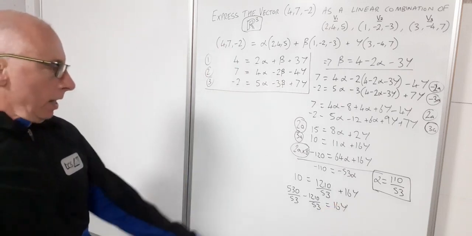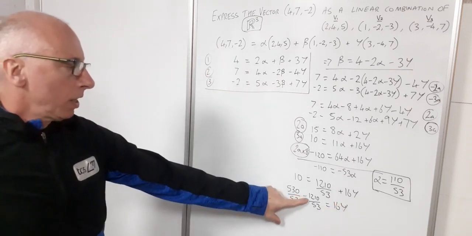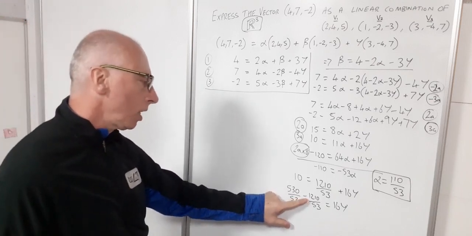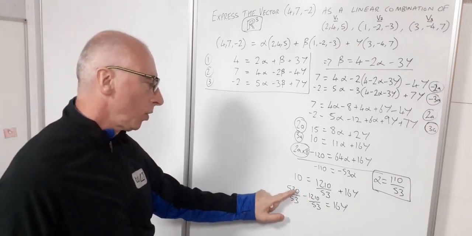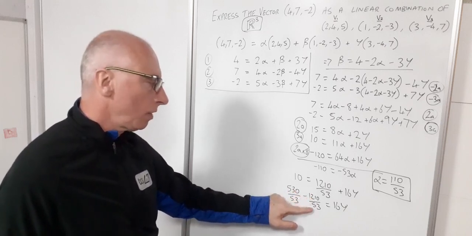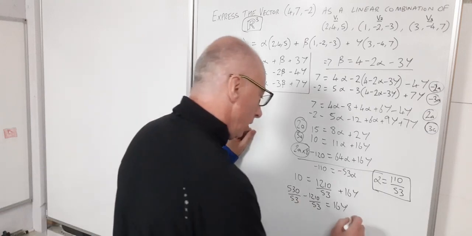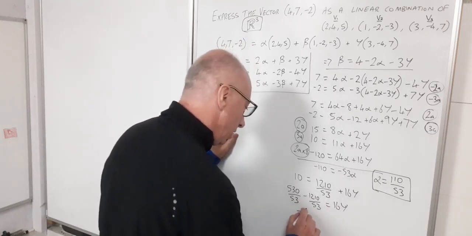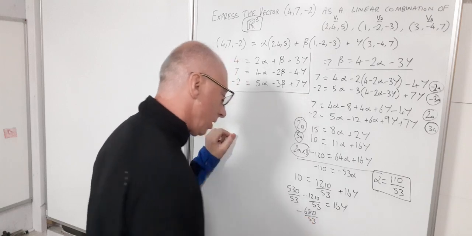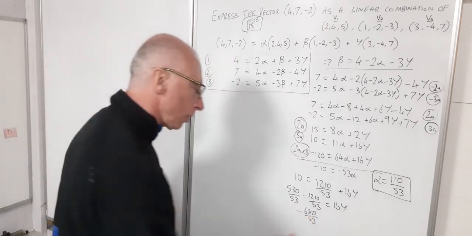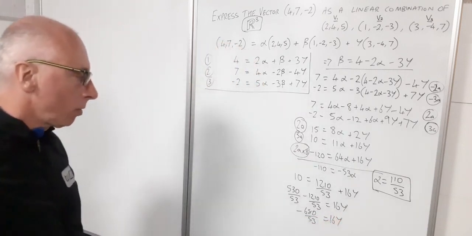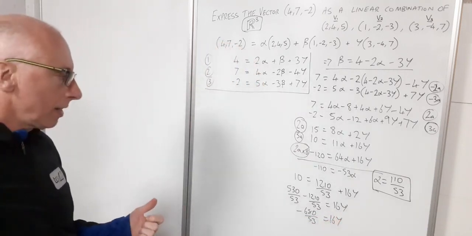Okay, let's go careful here. 530 minus 1210. Well, the difference between those is, to 1000 it's 470, plus 210, 680. So it's minus 680 over 53, and that equals 16 gamma. So what does gamma equal? Well, divide both sides by 16.